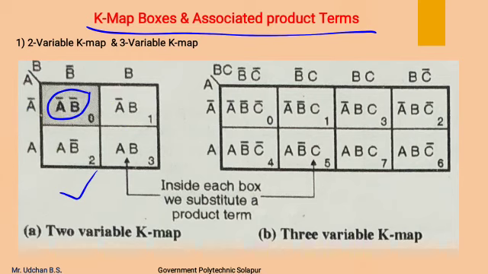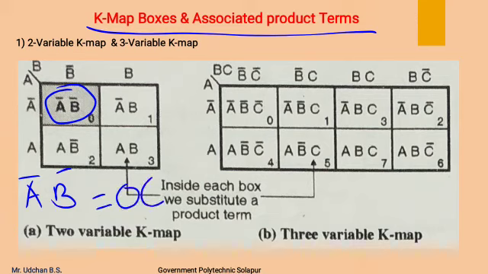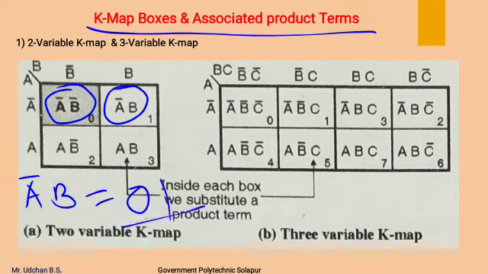Again, for this position, A bar B bar is represented as 0 0, which has the equivalent number 0. So 0 is written over here. Again, for this position A bar B, the values are 0 1, which can be represented as 1, so here 1 is written.